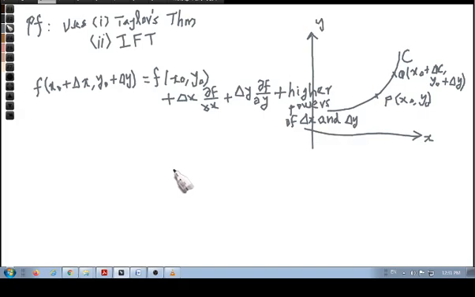When delta x and delta y are small, higher powers of delta x and delta y are going to be still smaller, so you can neglect this part. So let me remove this part.